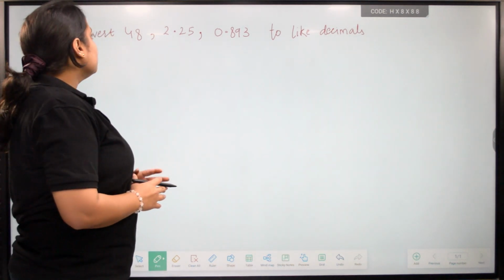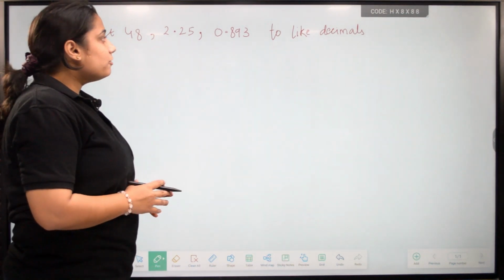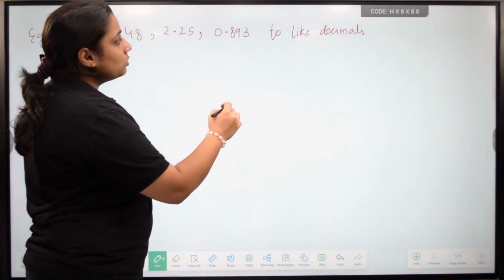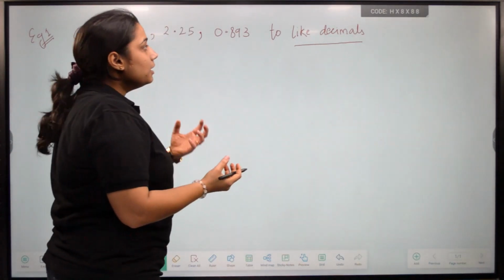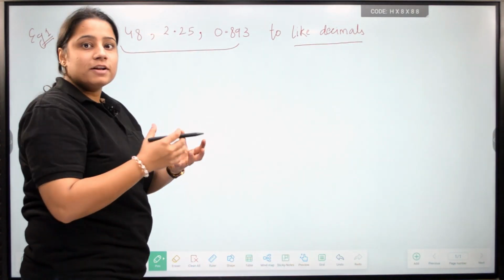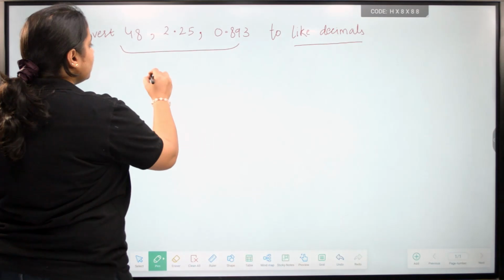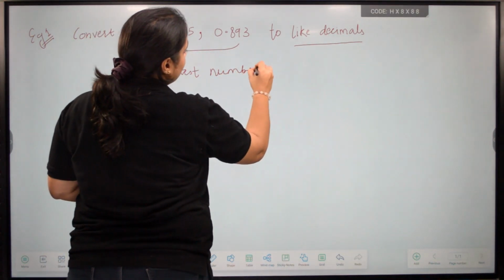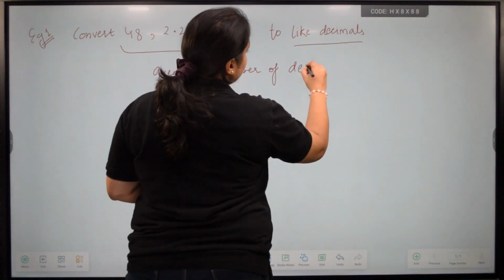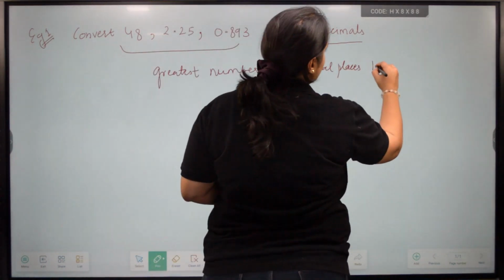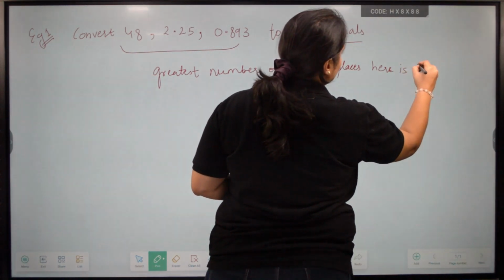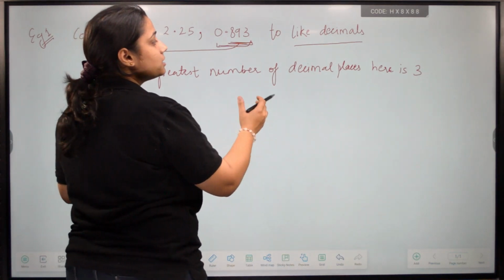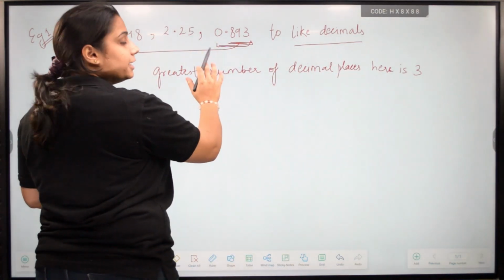Example 1. Convert 4.8, 2.25 and 0.893 to like decimals. As we know, the term like decimals means the numbers should have an equal number of decimal places. The greatest number of decimal places here is 3, in the number 0.893, which has 3 decimal places, that is 8, 9 and 3.